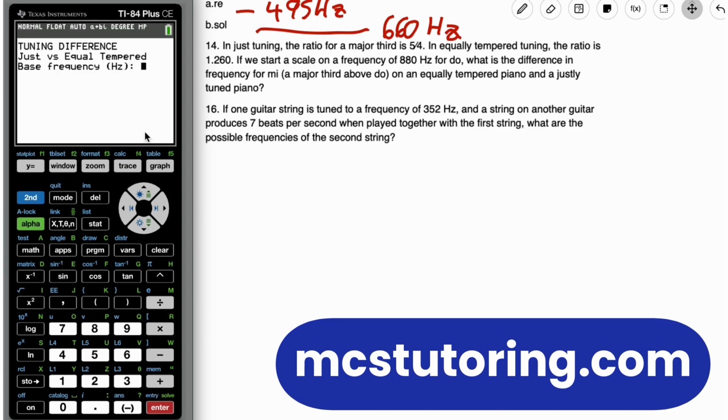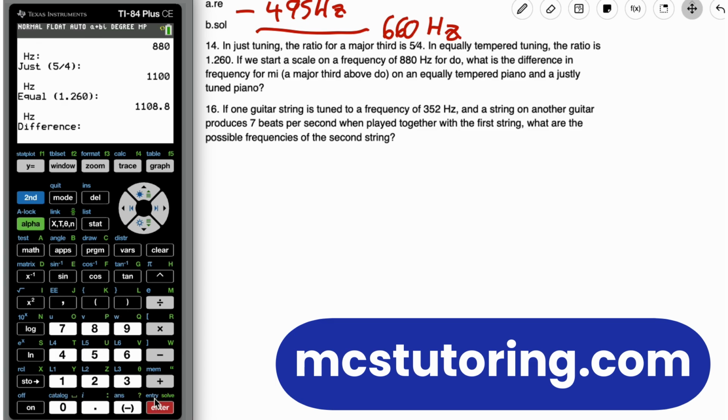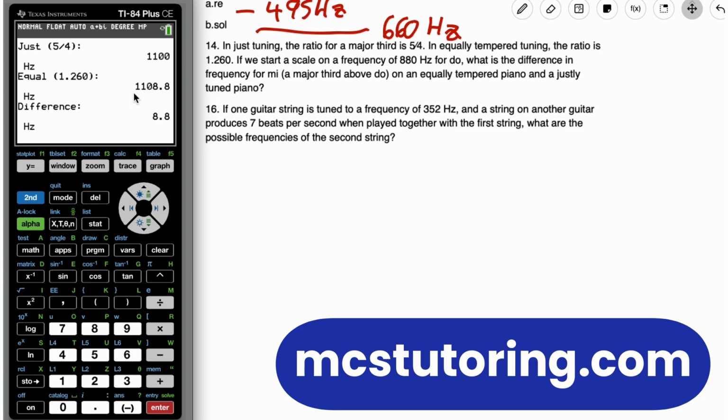The base frequency is 880 hertz. The just is 1100. And equal, for the 1.26, is 1108.8, and the difference is 8.8.